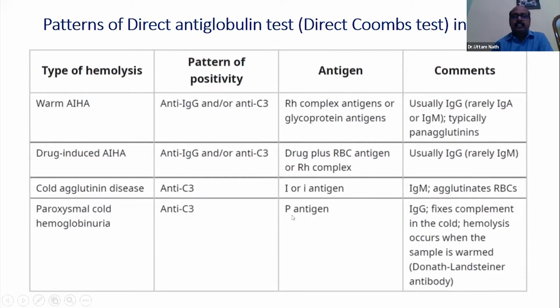Like in PCH, it's the P antigen of RBC. In cold agglutinin disease, it's the capital I or small i antigen on RBCs. And in warm AIHA, mainly the RH complex antigens. Actually, any antigen can be a target, but the most common are the RH complex antigens like capital D, C, E.